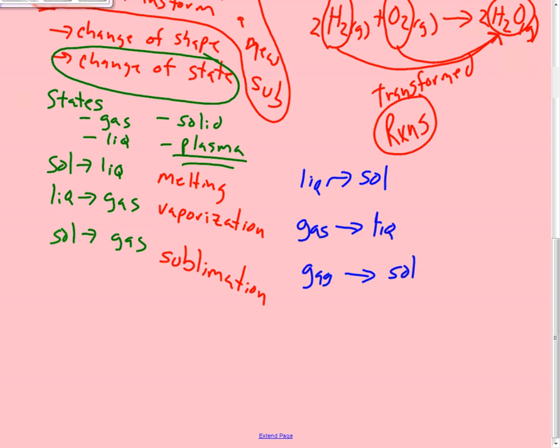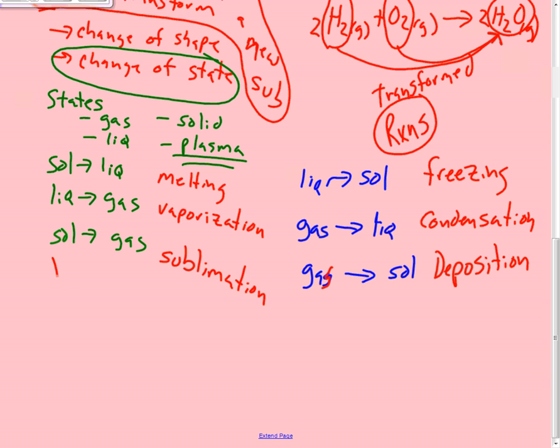I can go from a liquid to a solid, we call that freezing. I can go from a gas to a liquid, we call that condensation. And I can go from a gas to a solid, and we call that deposition. Depositing, right? Deposition.